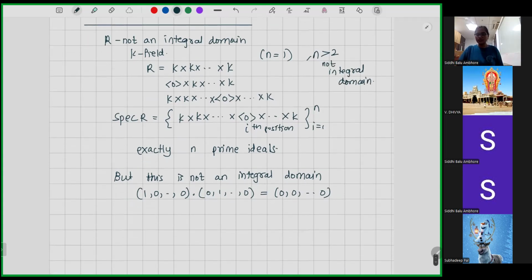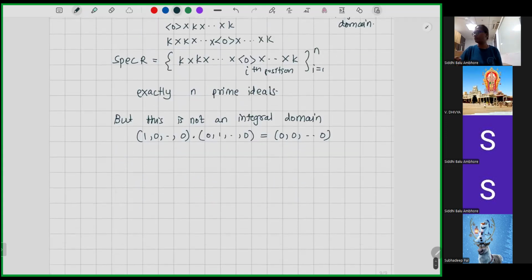So any doubts here about this second half where I was talking about non-integral domain rings? Okay. So the question was: we want K prime ideals. Is this example fine? Okay. It has more than, okay, x_n power, x_n minus k square.